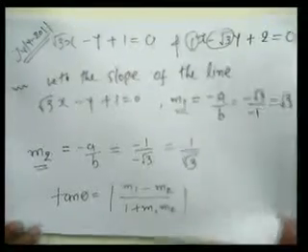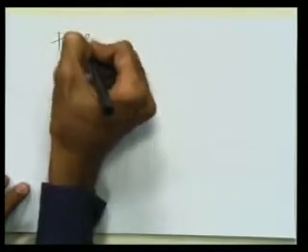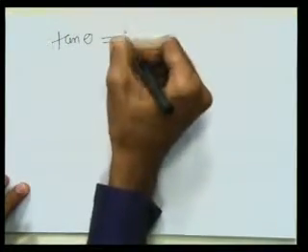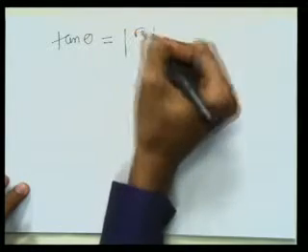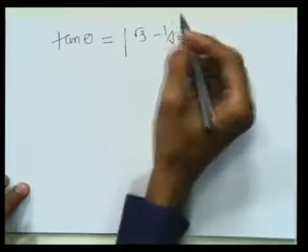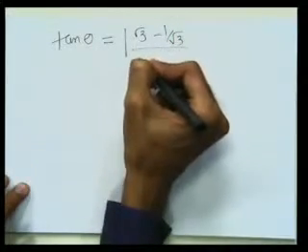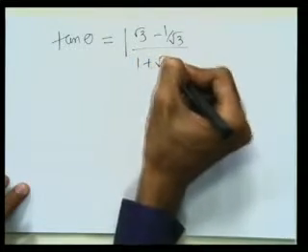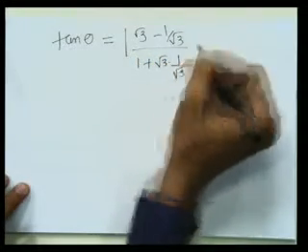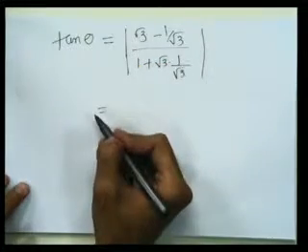So here tan theta is equal to mod of root 3 minus 1 upon root 3, upon 1 plus m1 into m2, where m1 is root 3 and m2 is 1 upon root 3, right?